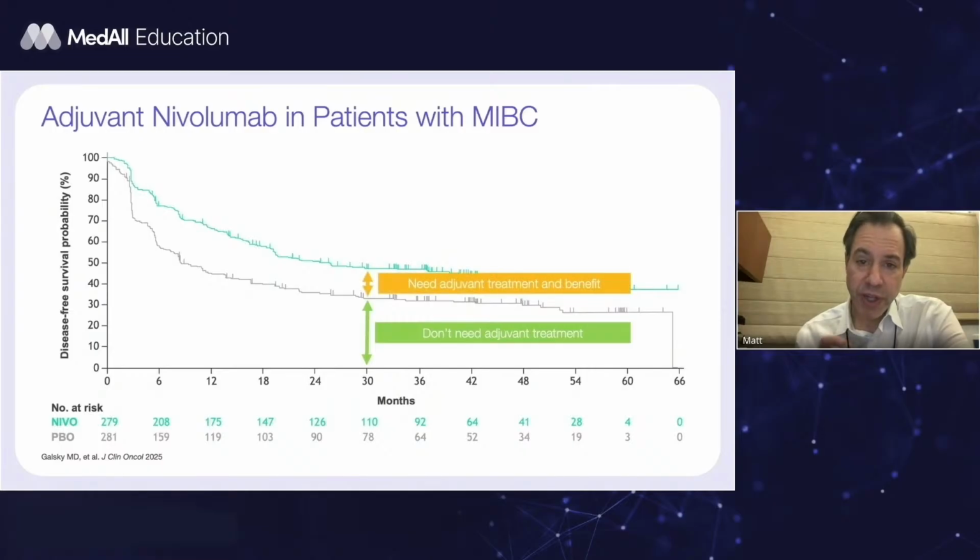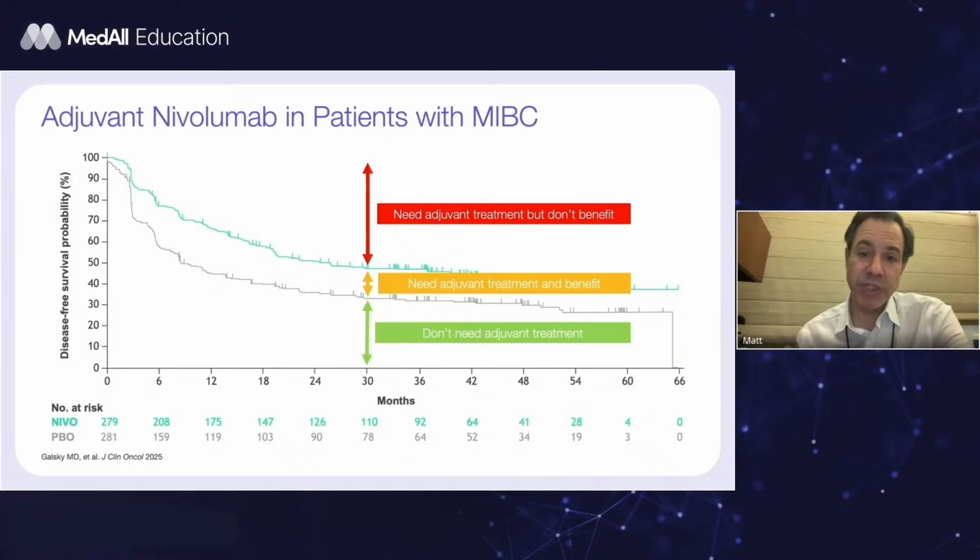The space between these 2 lines, of course, indicates the patients who both need treatment and benefit from treatment. These are patients who got adjuvant immune checkpoint blockade, where it really seems to make the difference in terms of recurrence versus not. And then, of course, these patients received adjuvant immune checkpoint blockade, but still did not derive benefit from treatment, still developed disease recurrence.